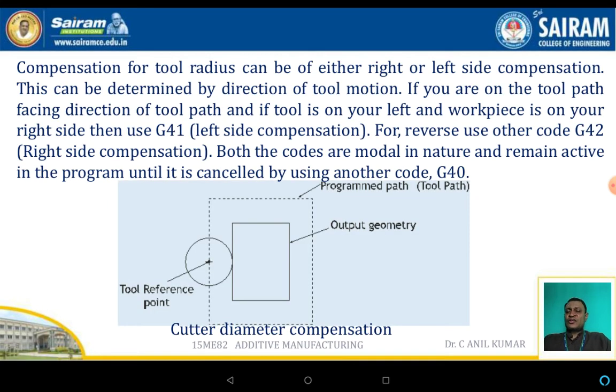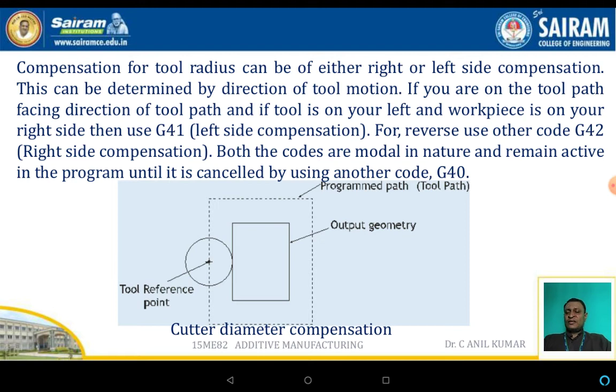The compensation of the tool radius can be either right side or left side compensation. This can be determined by the direction of the tool motion. If you are on the tool path facing the direction of the tool path, and the tool is to your left, then the workpiece is on your right side.